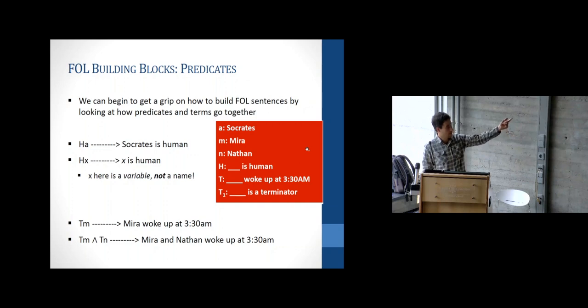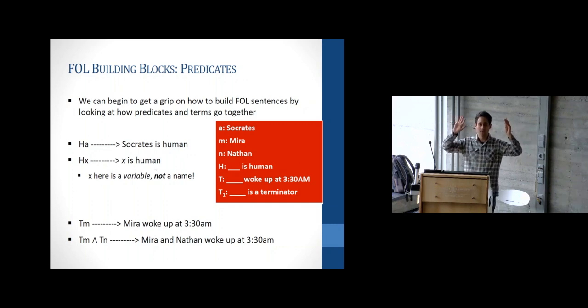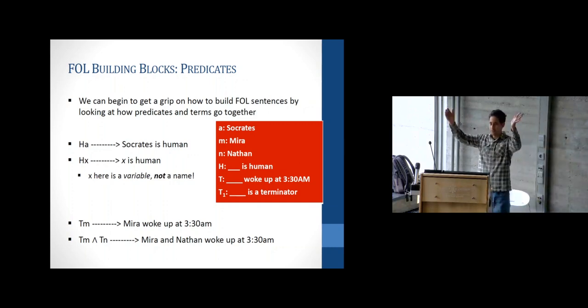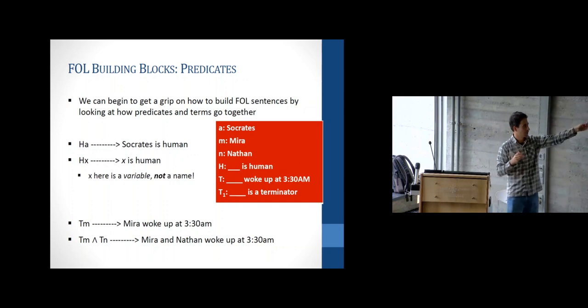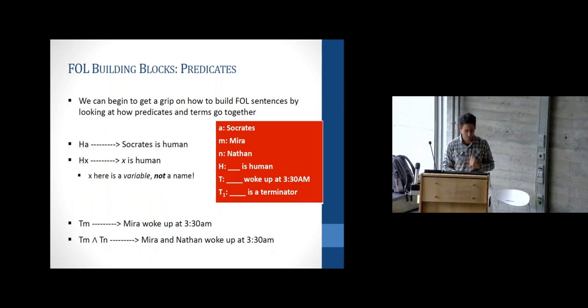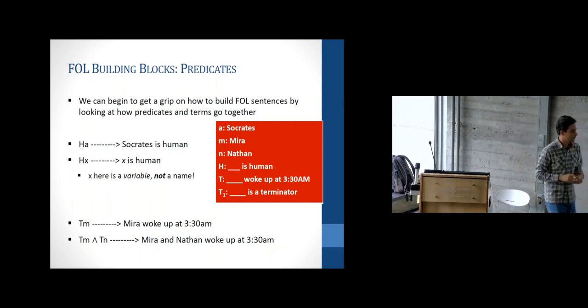And exactly what you asked, HX, X is human, just doesn't make sense by itself. We don't have an English sentence corresponding to it. We'll never ask you to translate a sentence from English to first order logic that has dangling Xs, Xs that don't have an interpretation. But with names you can have a predicate with a name, like TM: Mira woke up at 3:30 a.m.